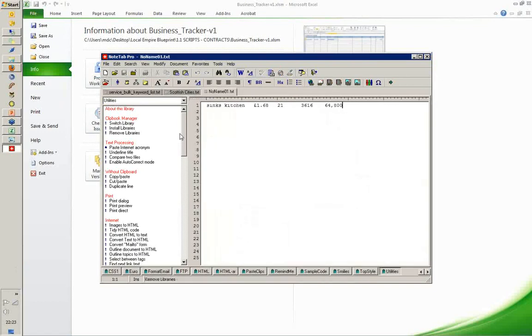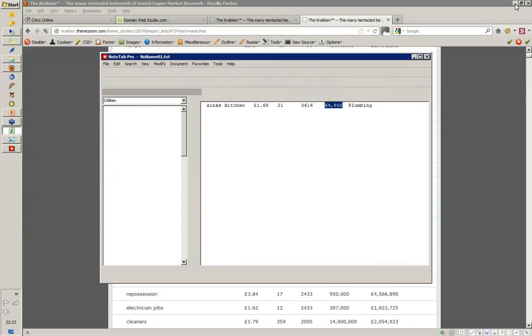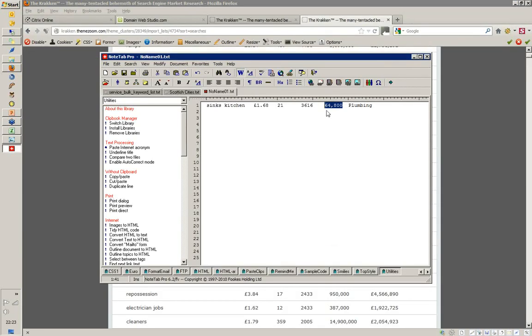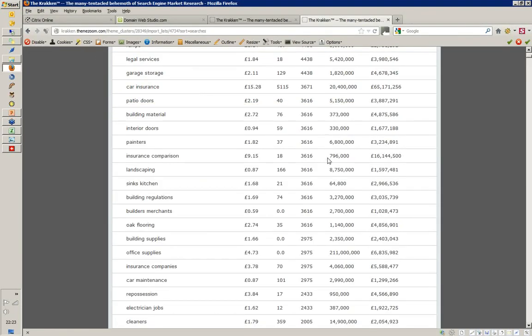Okay, so what I've done here is I've got kitchen sinks, and this can go to plumbing. There's one keyword that's got a ton of traffic, but look at that, 64,000 in phrase match. So that's something we'll look at in more detail. That's a lot of searches. That's crazy. Okay, so I'm going to go down the list a bit more.